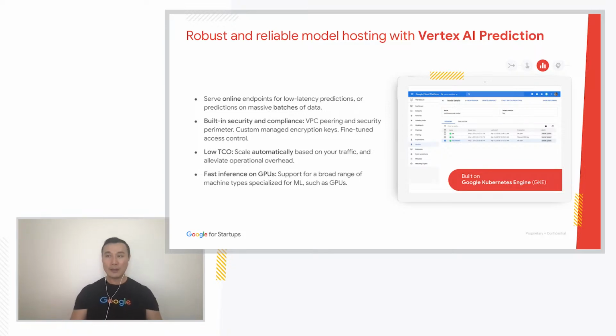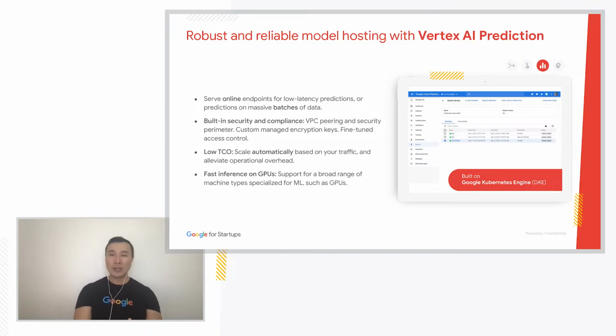Vertex AI has the capability where you can host your own model, or you can use the model that's trained within Vertex AI. For example, AutoML, which I mentioned before, you can deploy into Vertex AI prediction or an endpoint for prediction. Vertex AI supports both batch inference as well as online prediction.